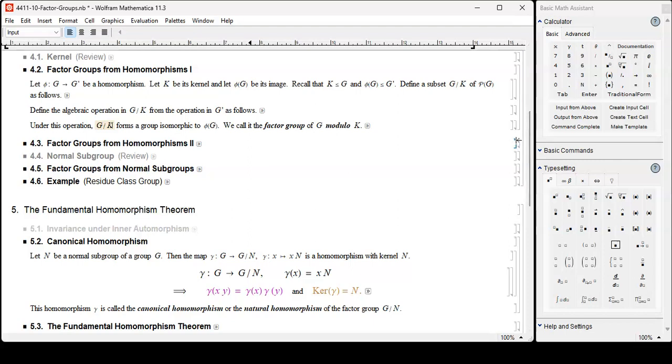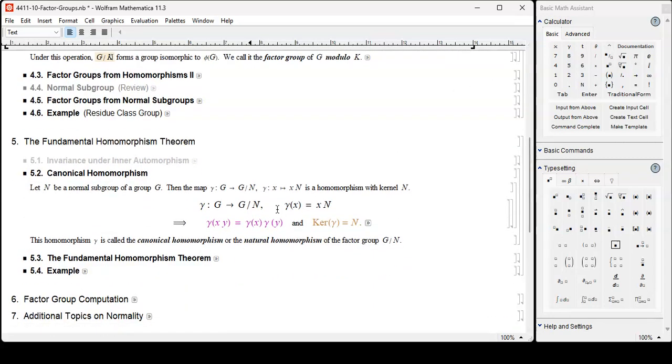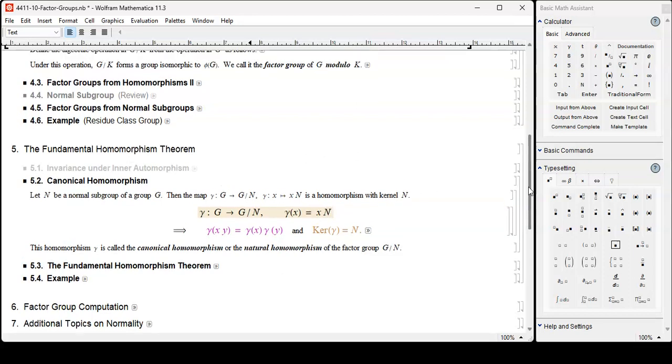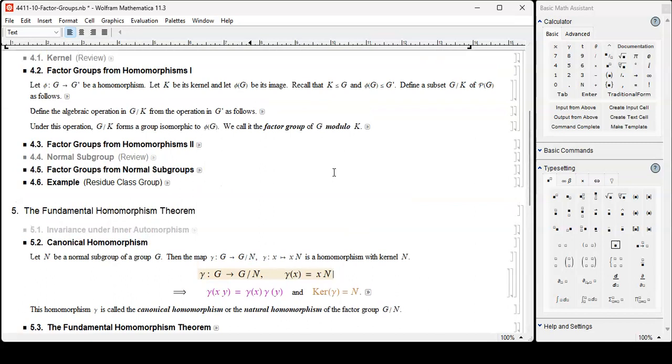There's a bit of a problem here because in 4.2 we used the kernel concept in the homomorphism to define this factor group G over K. But here we have to define the factor group G over N in general first in order to define this homomorphism, which has N as the kernel. So this actually doesn't work. We have circular logic.